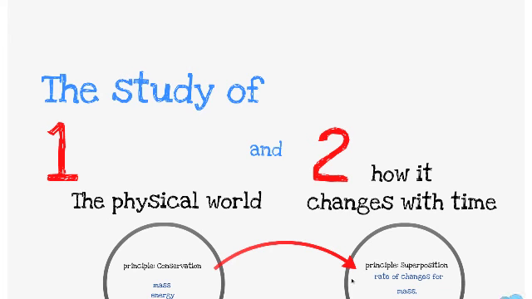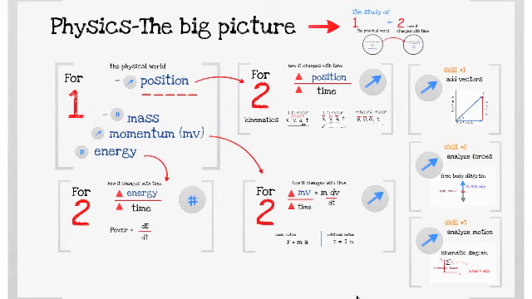And the second principle is being able to superimpose the rates of change, the individuals, to get the sum total of the effect. So this is the big picture of physics, and I hope this helps somehow.